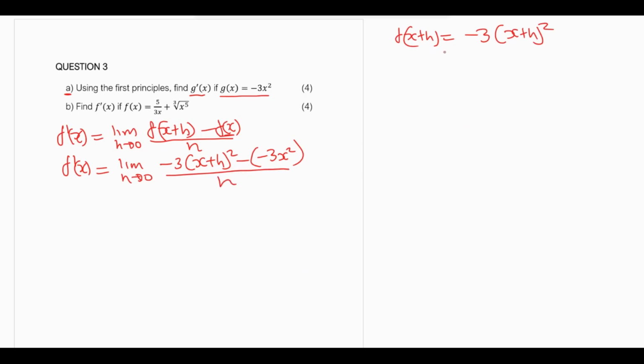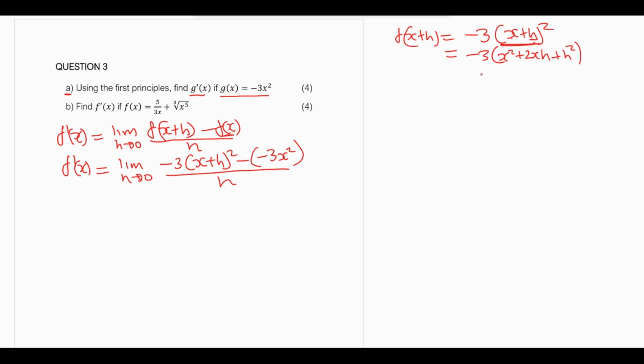Right. We can expand this and say this is negative 3, then x plus h squared. This is a square binomial, so we say x squared, then 2 times x times h, that is 2xh, then plus h squared.